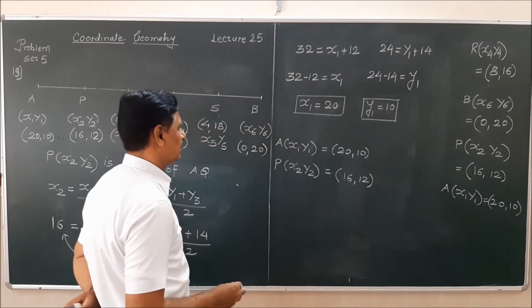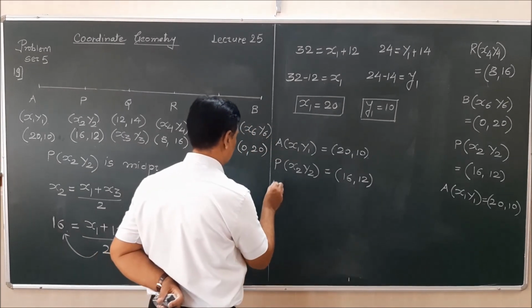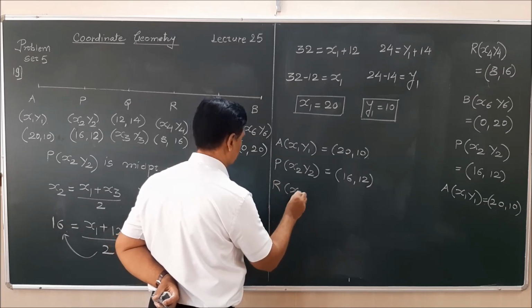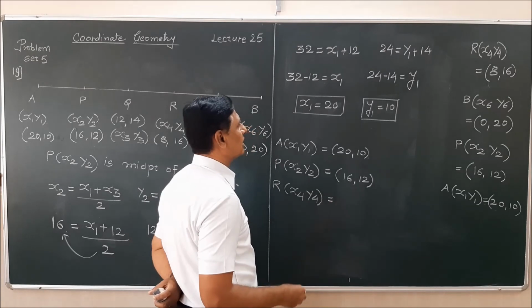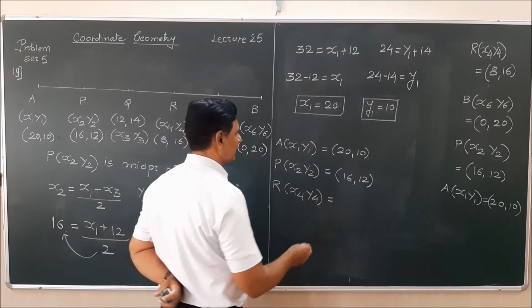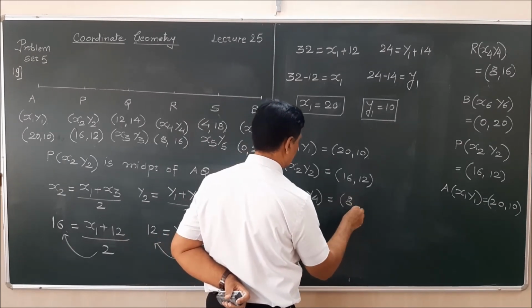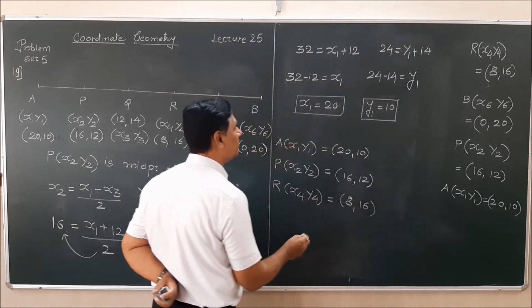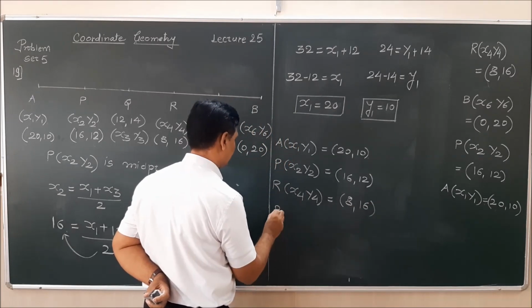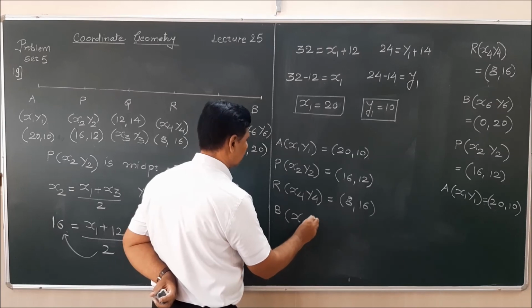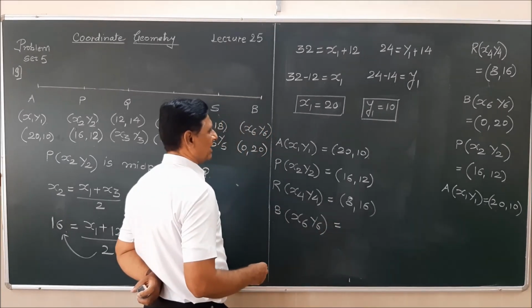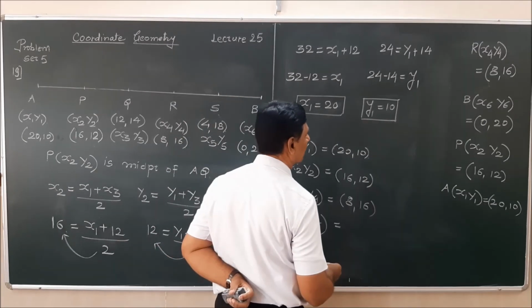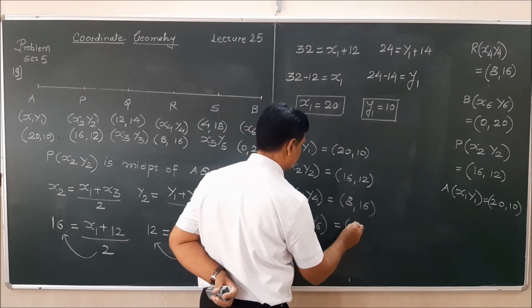Then R (x4, y4) is 8 comma 16, and finally B (x6, y6) coordinates are 0 comma 20.